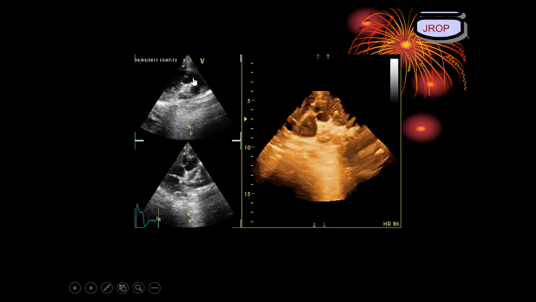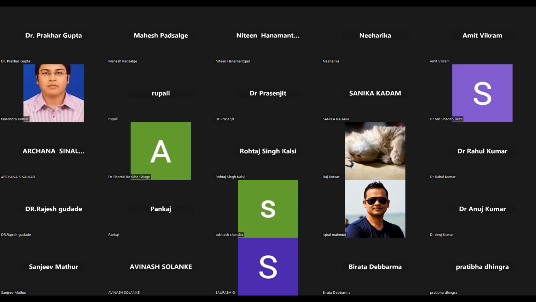So, sir, in the short axis, can we make out more about RVOT and aorta coming out of it? Yes, certainly, we can do that. Sir, could you show such a picture? Okay, just give me a second. Because that I think will be more useful. Yeah, it is, no doubt about it.